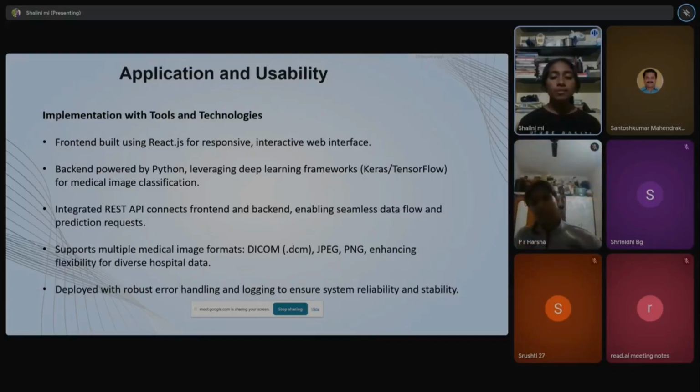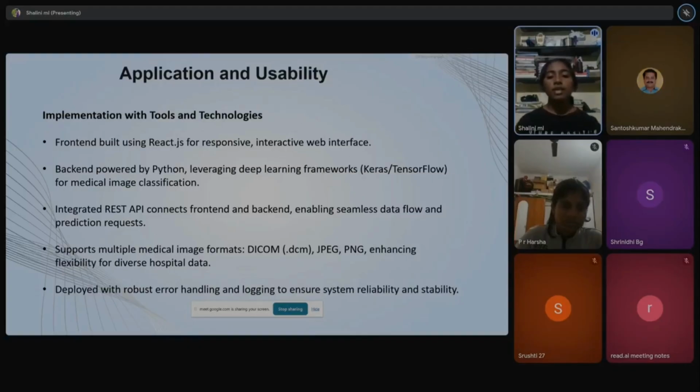The backend is implemented using Python. It is integrated with deep learning frameworks such as TensorFlow and Keras. These frameworks enable the system to perform accurate medical image classification by analyzing X-ray images through trained CNN models like ResNet 50. This setup allows efficient handling of complex computations in pneumonia and TB detection.